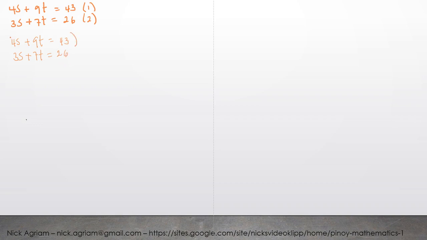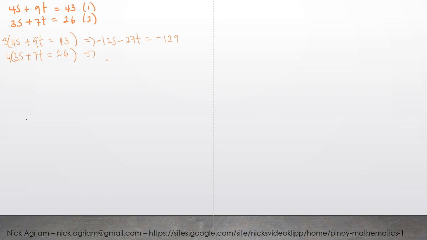To eliminate s, I have to multiply the first equation by negative 3 and the second equation by 4. Then I will get negative 12s minus 27t is equal to negative 129.